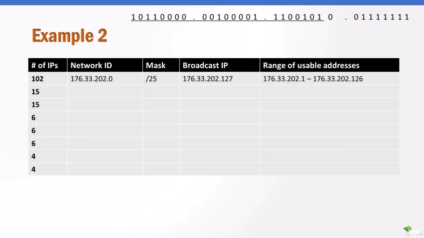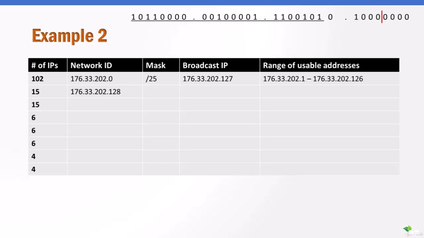And the network ID of our second subnet is going to be 176.33.202.128. And this is what that looks like in binary format. So only the first bit is switched on. This first bit has a value of 128.